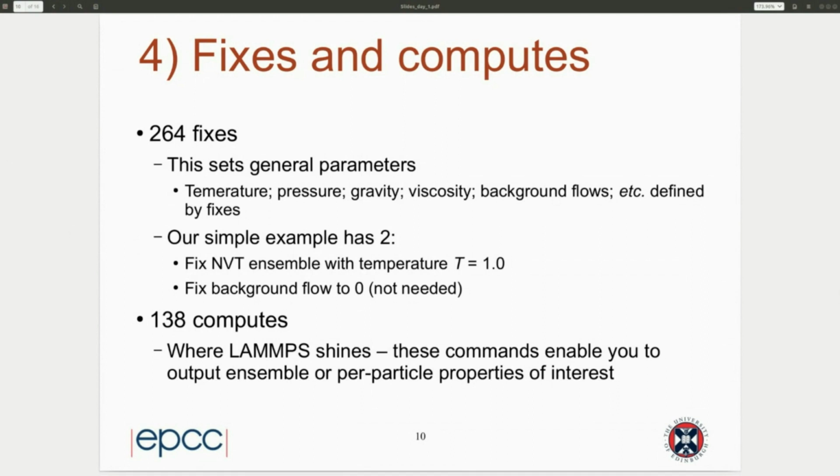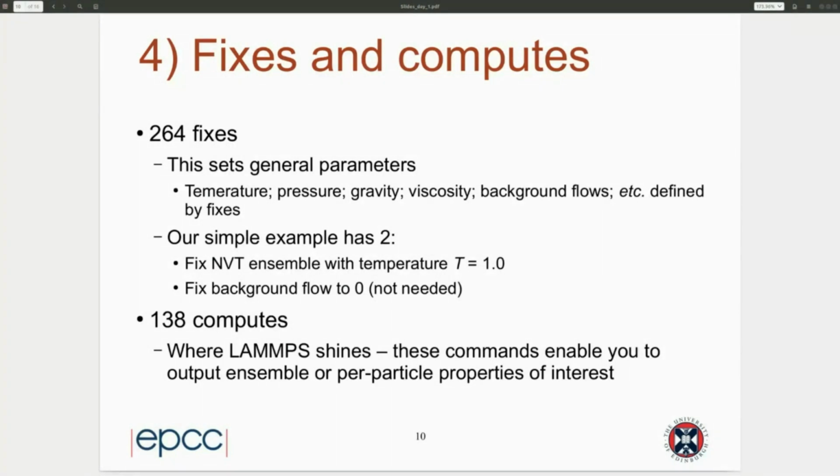The other thing that LAMMPS has is a huge number, a plethora of computes. And honestly, LAMMPS is amazing for computes. There are 138 computes, and again, you can do a huge number of things with these computes.